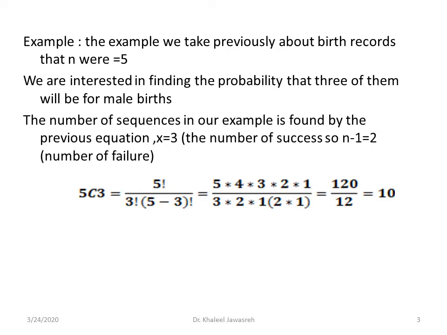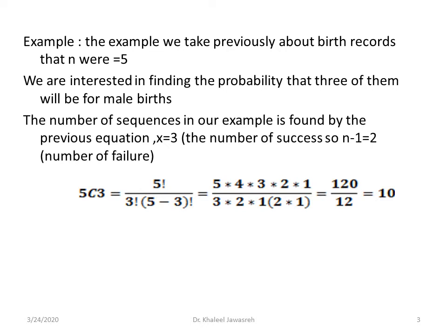This is the main example. How can we solve the combinations? 5 factorial is 5 times 4 times 3 times 2 times 1, which yields 120.